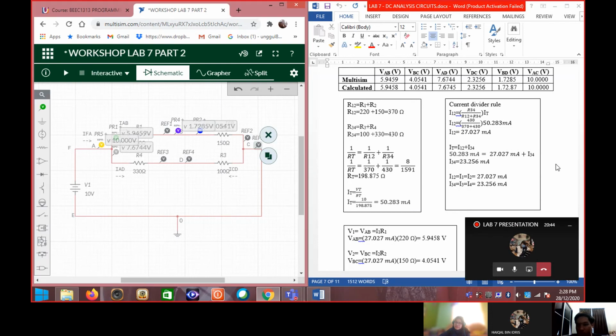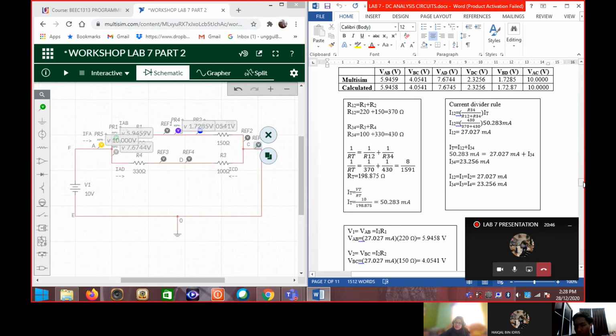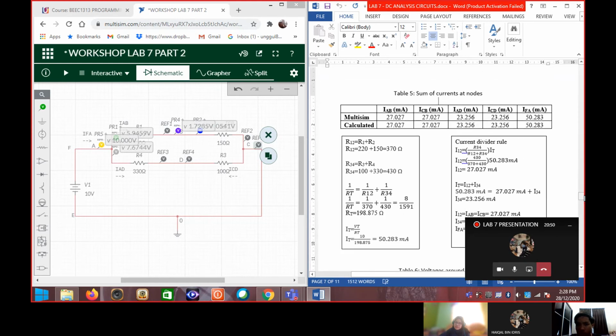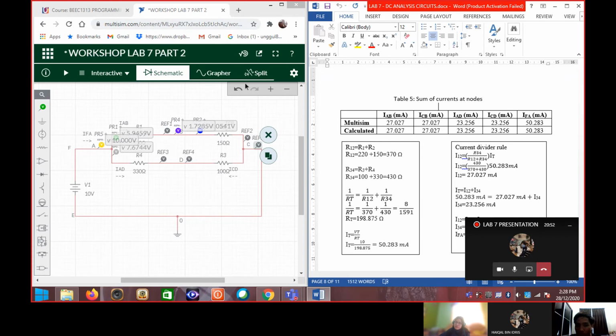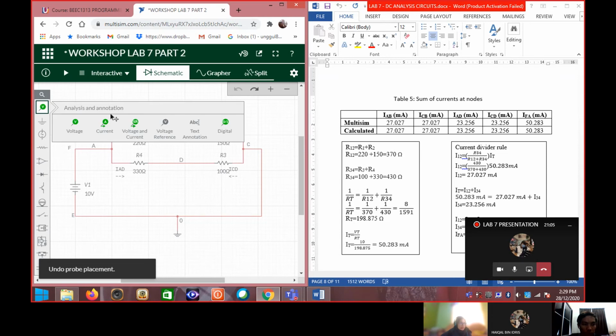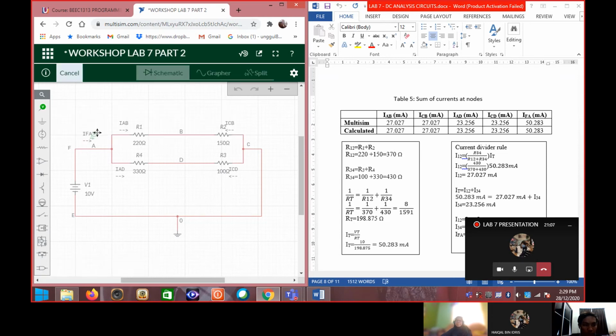For the next procedure, we have to measure the current for AB, CB, AD, CD, and FA. We have to use the probe again, but this time the current probe.